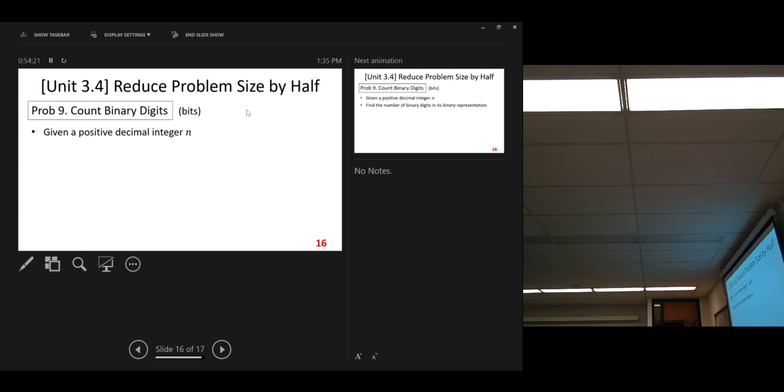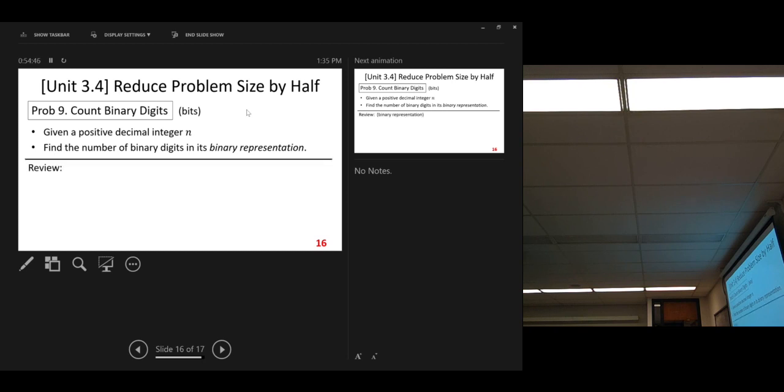After the conversion, you need to count how many bits we have for that binary expression. That's the problem: find the number of binary digits in its binary representation.